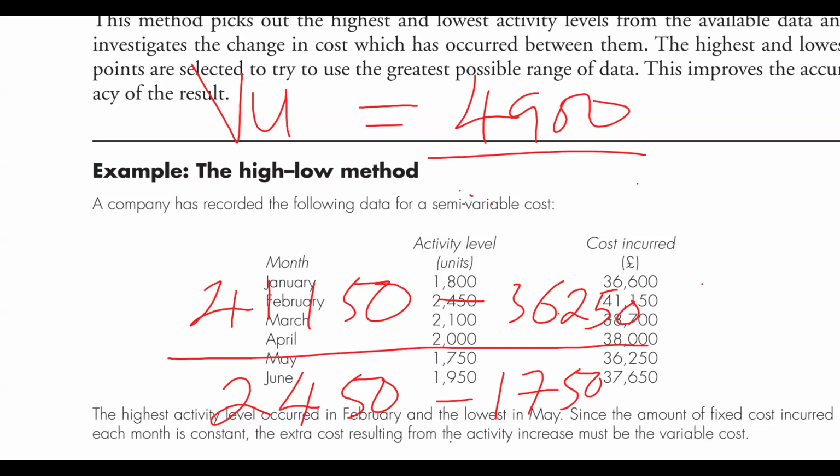I have 700. So what is the variable cost per unit? 4,900 by 700, it's 7. Okay. So 7, let's say these are kwachas.